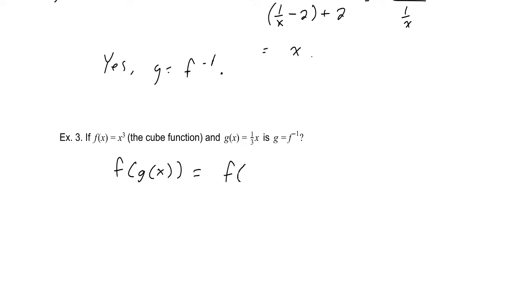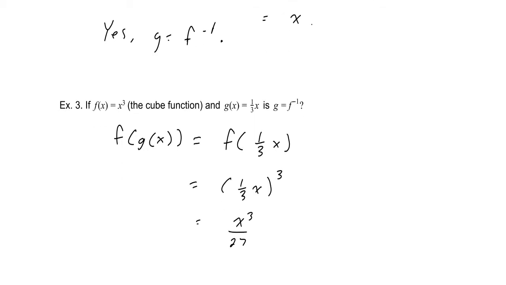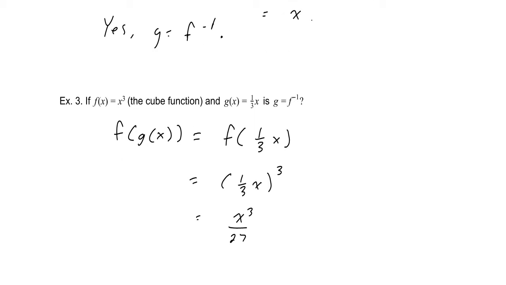So that will be f of 1/3 x, and based on our cubic function there, our input is 1/3 x, and we are cubing that, which is going to be x cubed, and that is a 1 over 27, so we'll write that as x cubed over 27. Is that equal to x? Absolutely not. Not equal to x, so no. g is not f inverse.